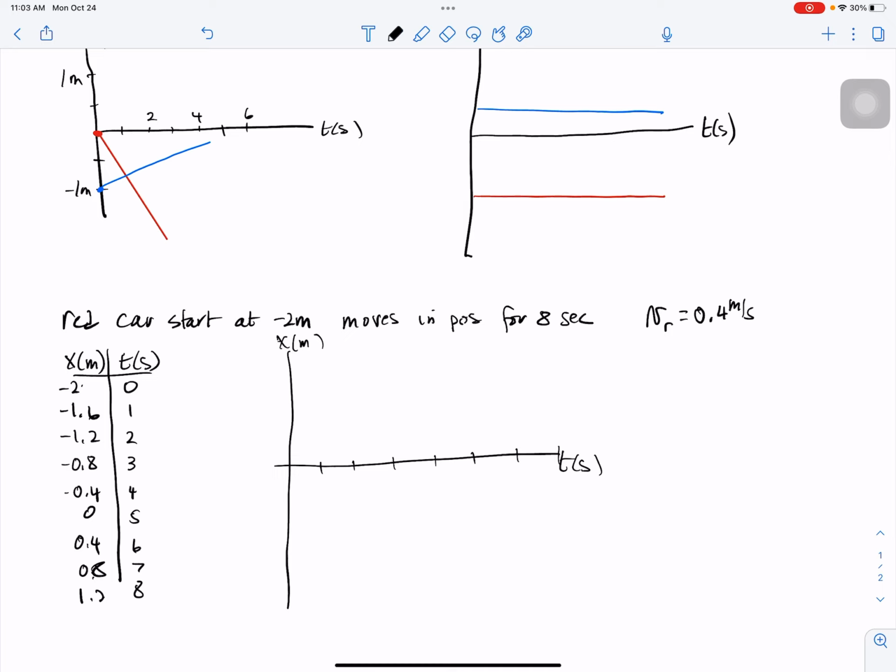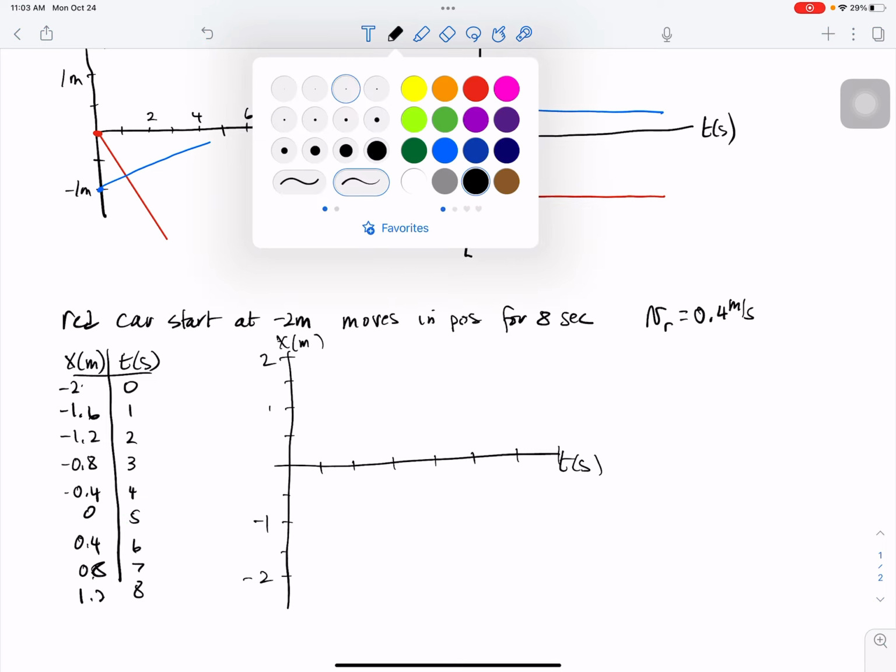And also, I'm not very even. Take pride in your work. Do it better than me. So 1 and 2, and then -1, -2. So you can plot every point if you want to, but I'm only going to plot the 0 and then the other 0 where it crosses the x-axis. So I've got these 2 points.